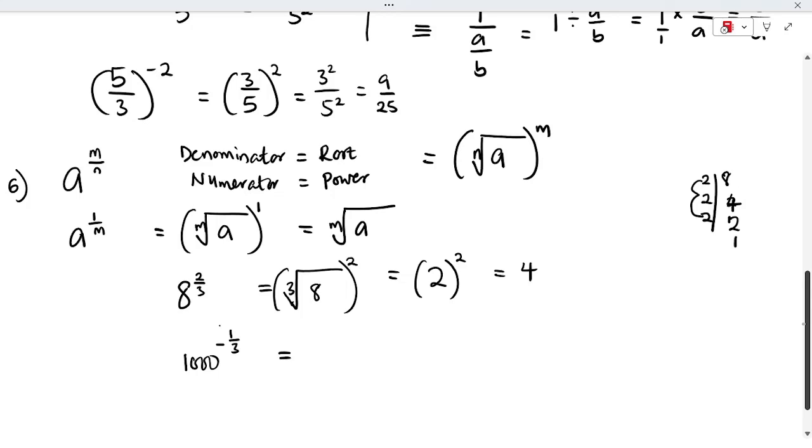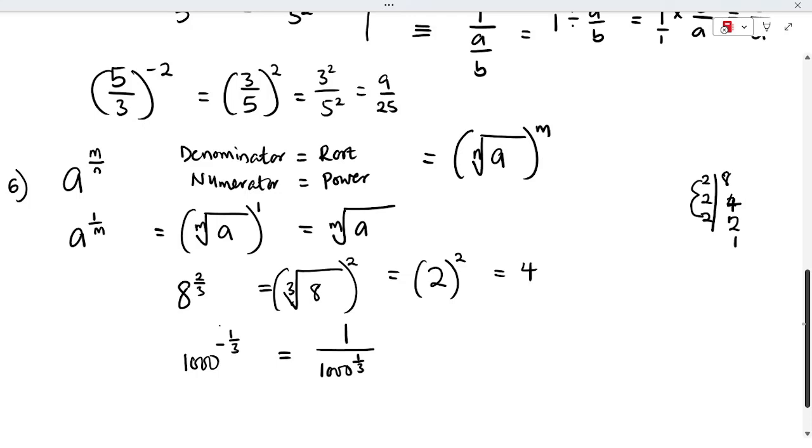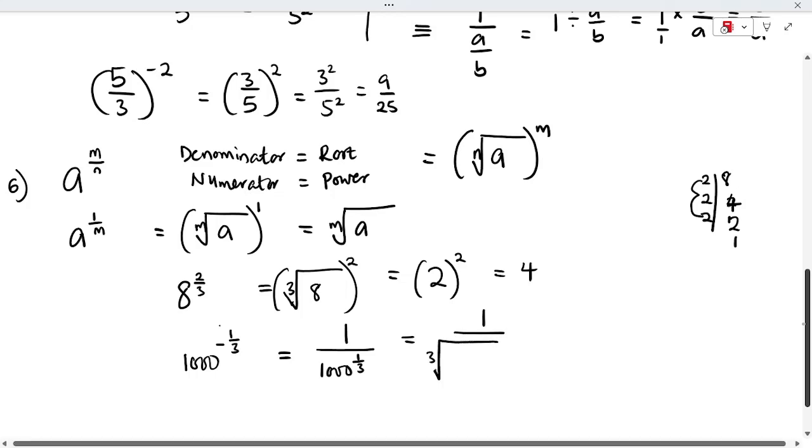Once you have a negative index, you have to remove that negative. You introduce a 1 over, and then the negative is gone. What's the next thing we do? The 3 becomes a root. So we have 1 over the cube root of 1000.